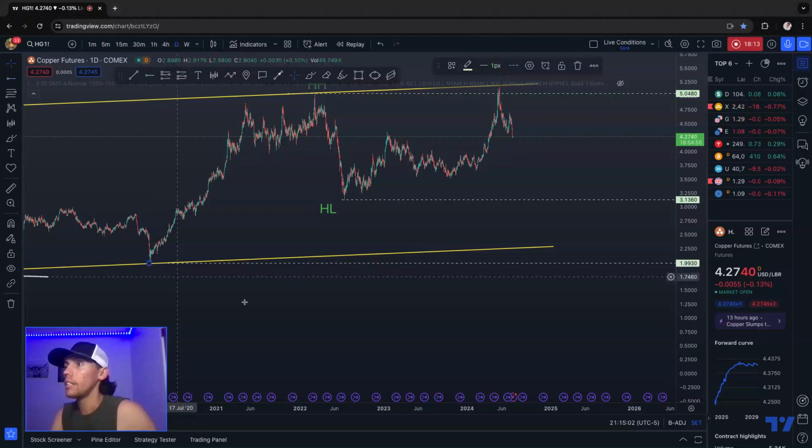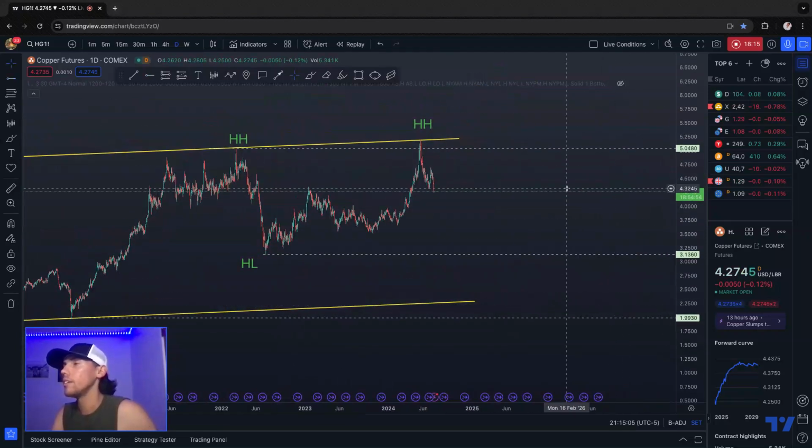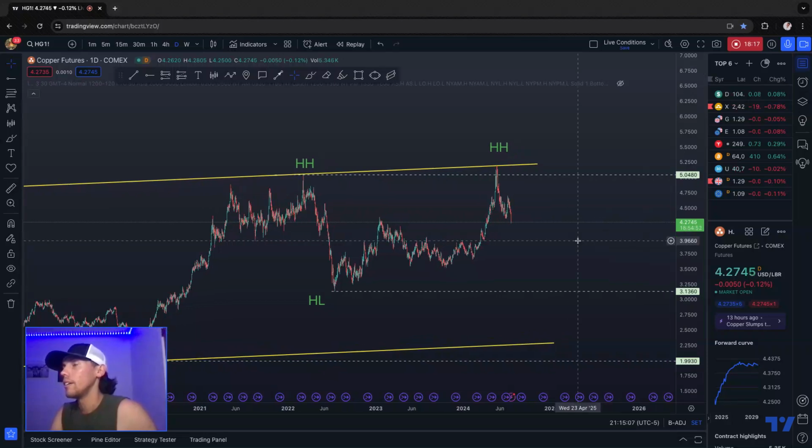And then do I think the market's going to come all the way down here? No. I mean, not that I'm aware of, but look at this drop that we had last time on copper in the same type of formation that it's having right now. Look, same exact pattern.